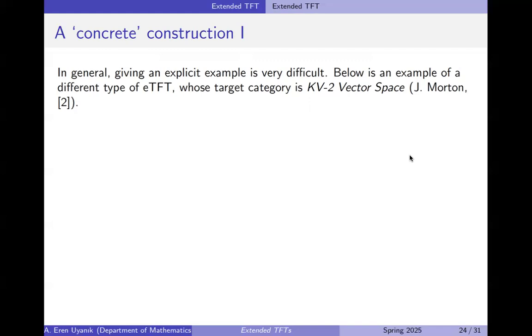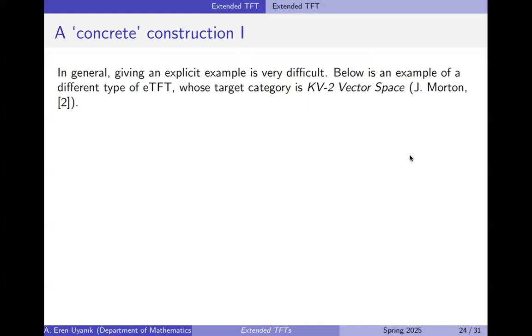Okay, good. Now we will start a difficult job. I will try to give a concrete construction. This is not very explicit, but this is the best I can do. Constructing an ETFT, if you can construct one, means, I guess, writing an article on it.